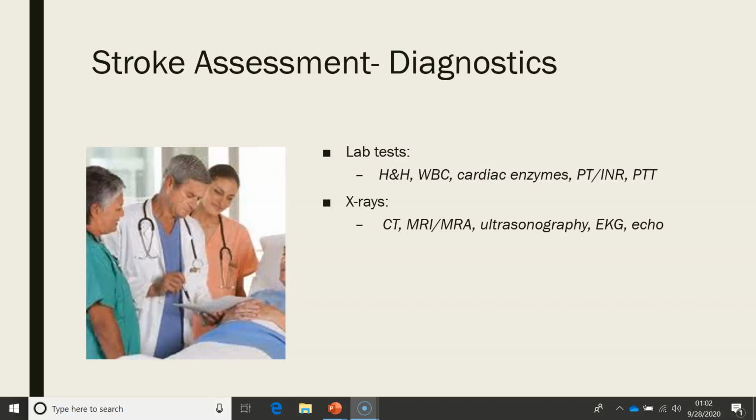They also may have MRI or MRA done. They'll usually have an ultrasound of their carotids. They'll have an ECG performed, and sometimes an echocardiogram to see if there's some valvular problems that may be causing a thrombus.